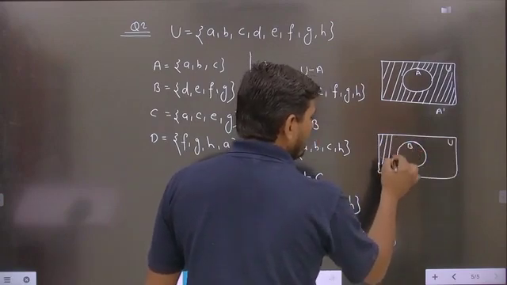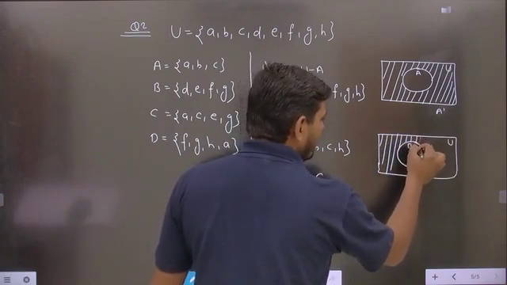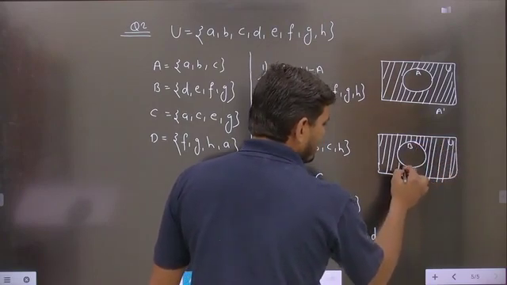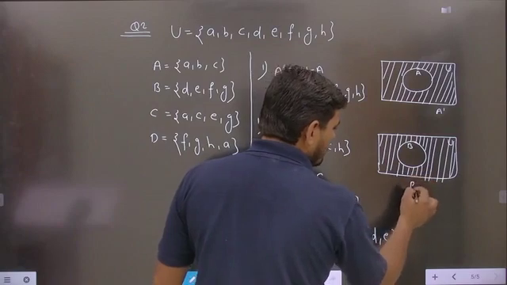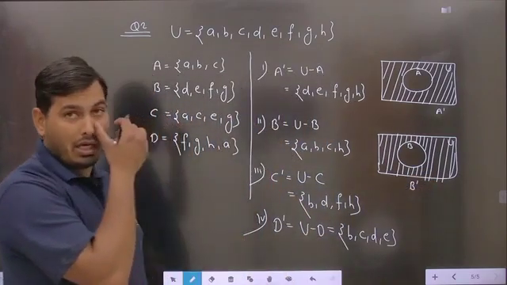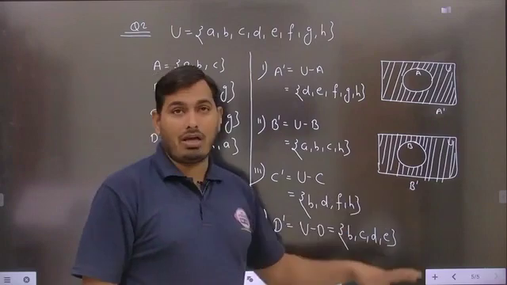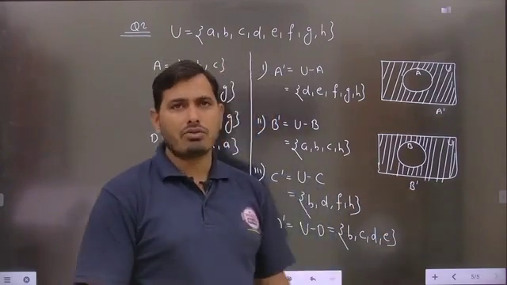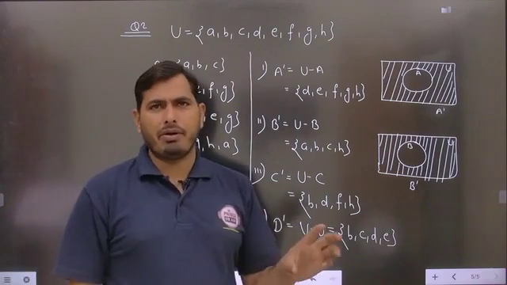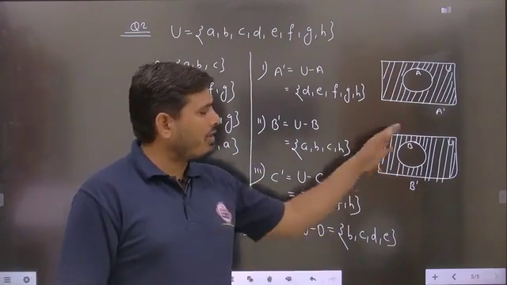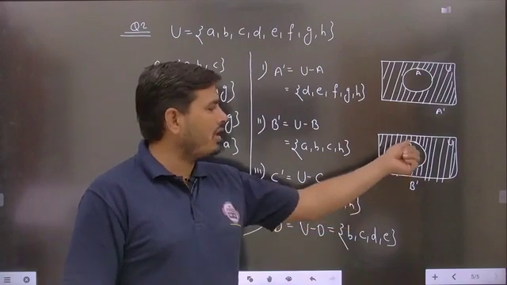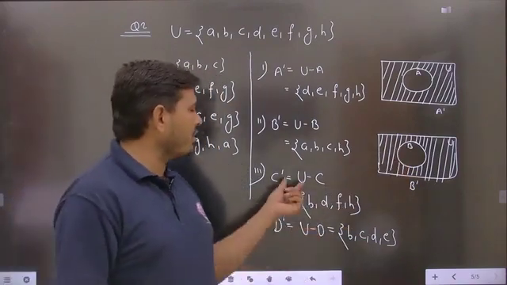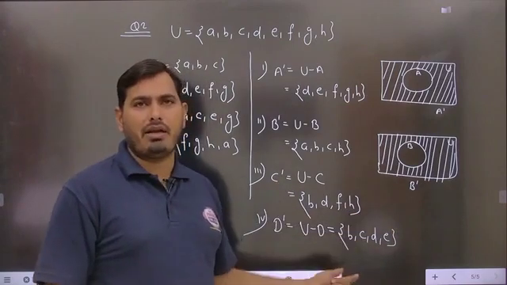In a Venn diagram we always represent the shaded area where the answer of B dash will lie. B dash means no part of B is taken; except for B we take the remaining area. Similarly, students, you can make the same Venn diagram for C dash and D dash also.